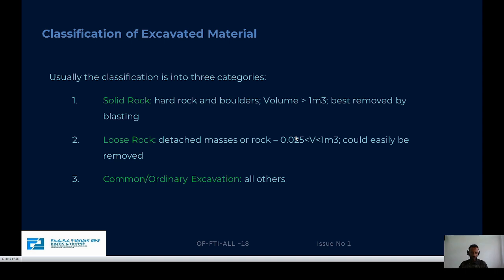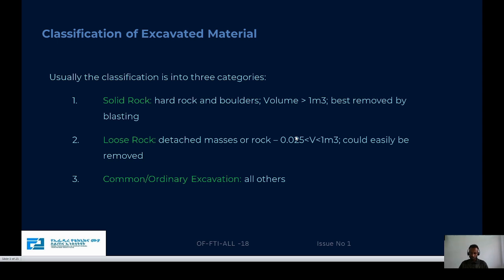There are different types or classes of excavation material: solid rock, loose rock, and common excavation. Solid rock includes hard rock and boulders, mostly with volume greater than 1 cubic meter, best removed by blasting.